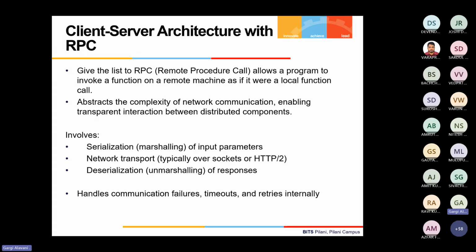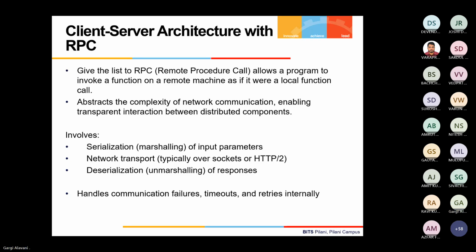So what could work here is the client server model, specifically when used along with the powerful option of RPC, that is, remote procedure call. This is a very powerful abstraction when it comes to distributed systems.